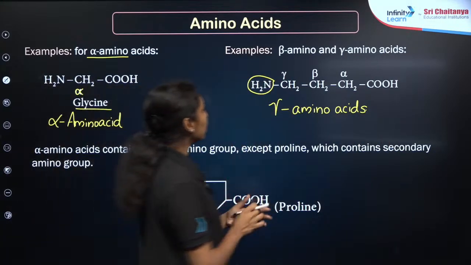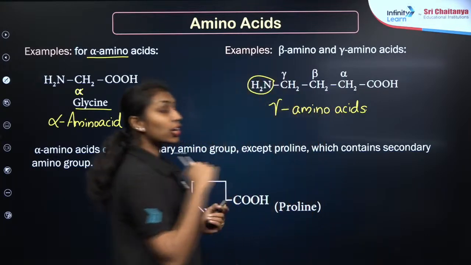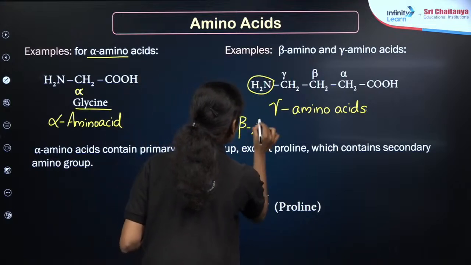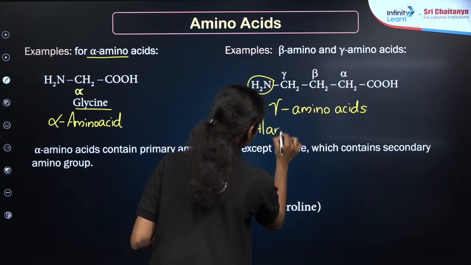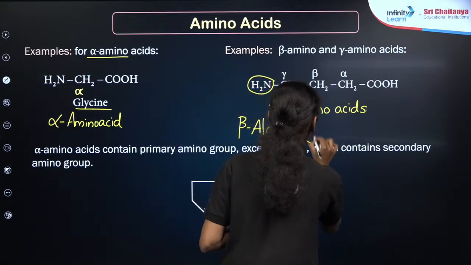Now, if the NH2 group is present on the beta carbon, I can call this amino acid a beta amino acid. For example, beta alanine is an example of a beta amino acid. Let us see the structure in detail in the next slide.